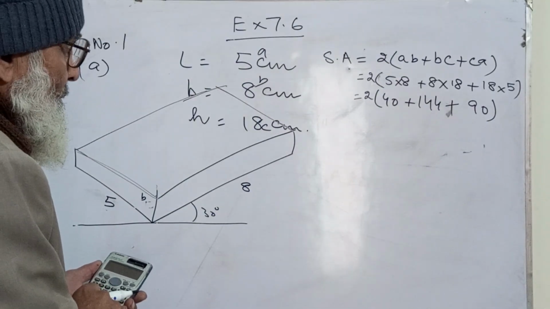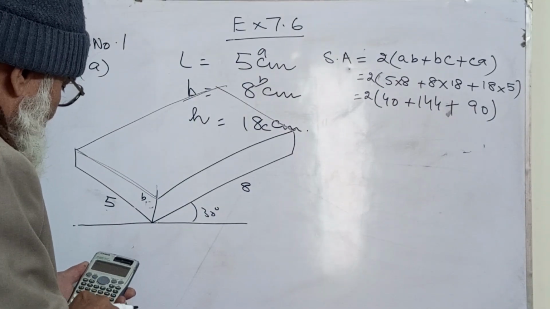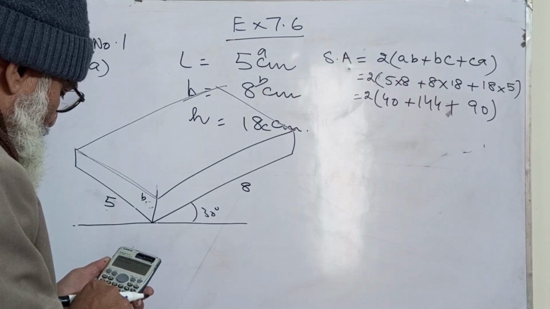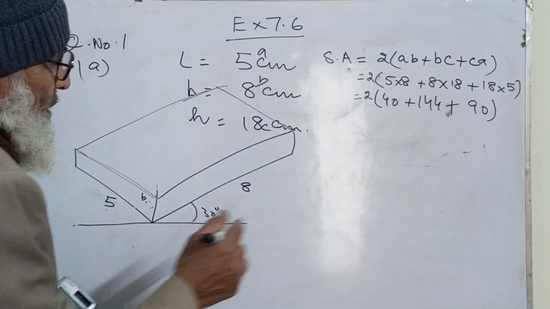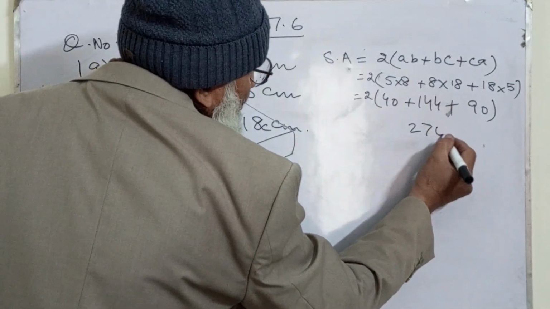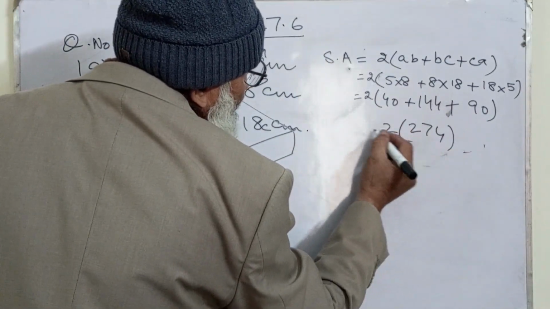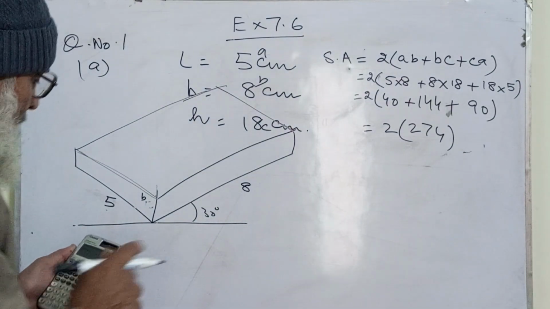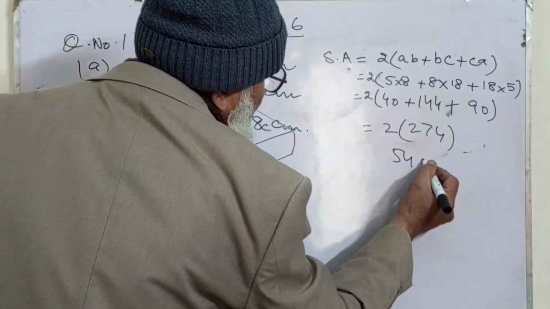Answer is equal to 40 plus 144 plus 90. This is 274, multiplied by 2. It will be equal to 548.